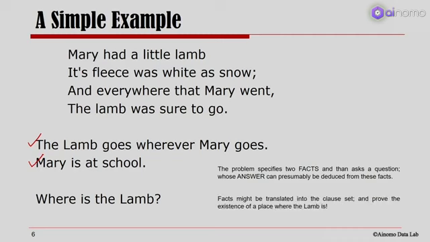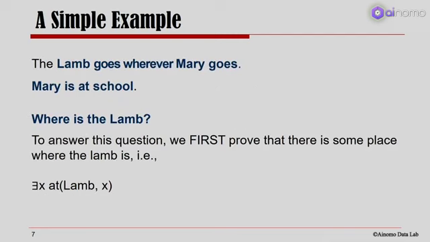In order to do that, I must first convert the facts into the clause set, and then I should be able to prove the existence of a place where the lamb is. So the question, where is the lamb? To answer this question, we first prove that there is some place where the lamb is. So we say there is an x at lamb comma x.